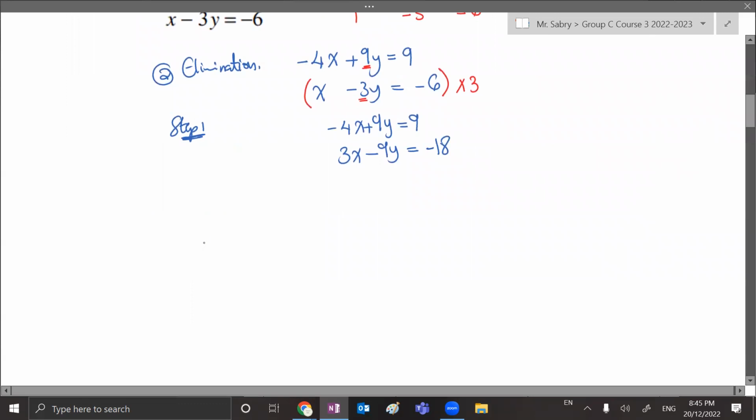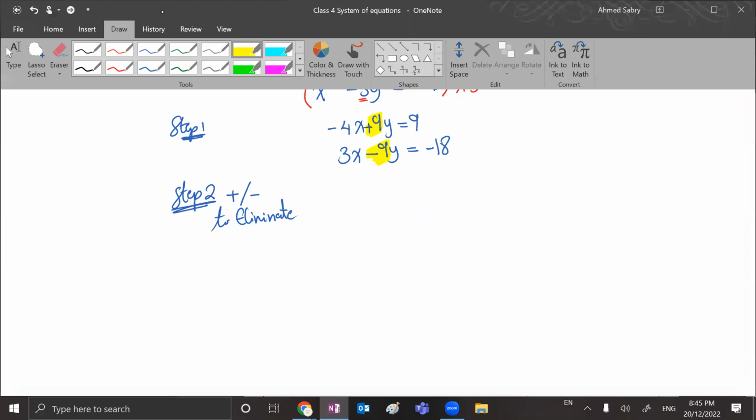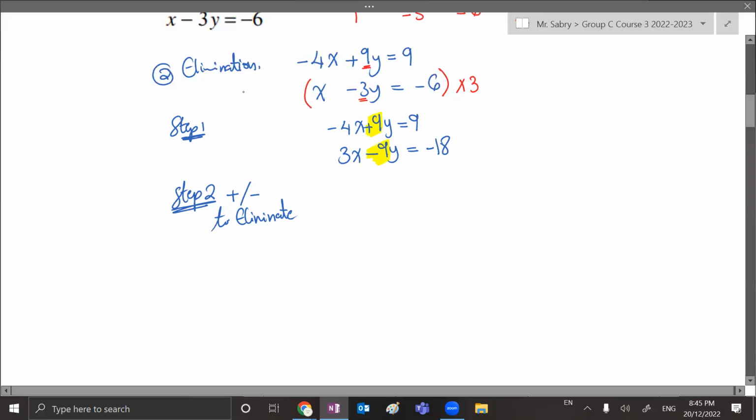Any issues there? Moving on to step 2. Step 2, we either add or subtract to eliminate. What does it mean to eliminate? When we look at what we made the same, those coefficients, the positive 9 and the negative 9.